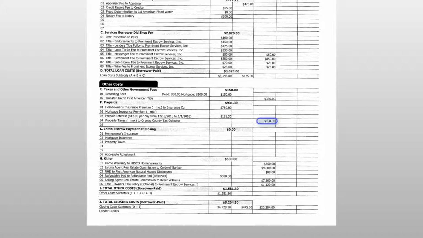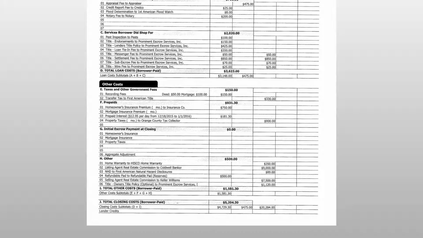Because remember this $900, and he says, okay, fine, do that. But since the county only takes a half-year installment as a minimum, it's not going to take anything less. We don't know if this is a half-year installment or if this is the full year, but let's just say for the sake of argument, it's a half-year installment.